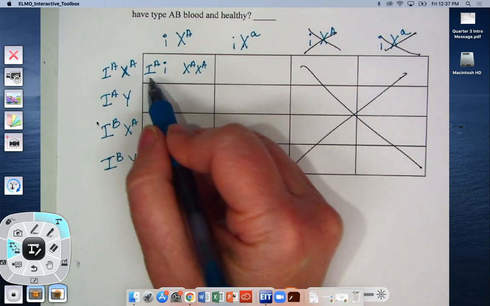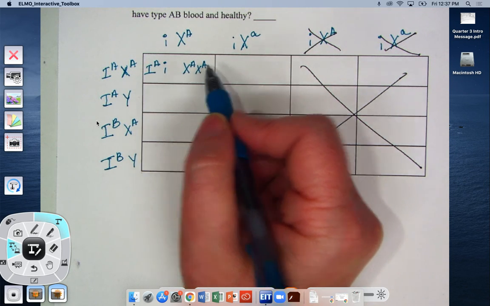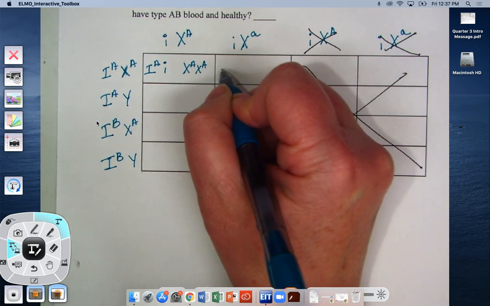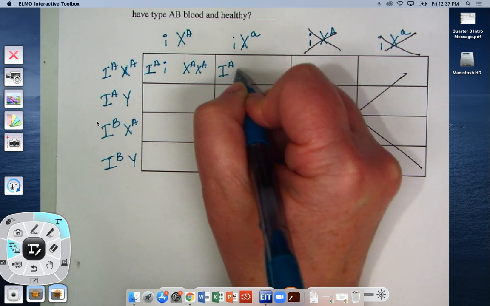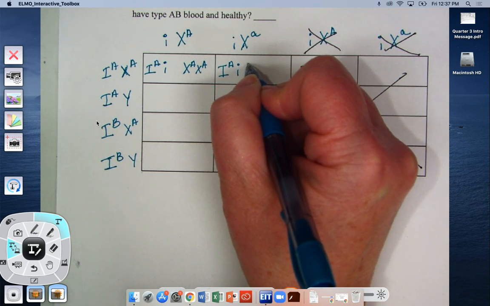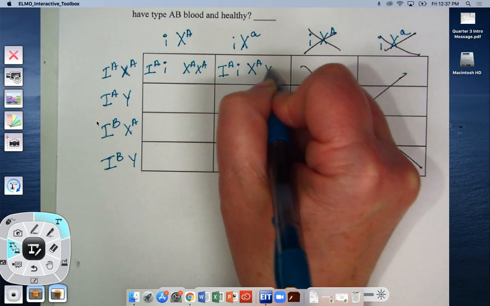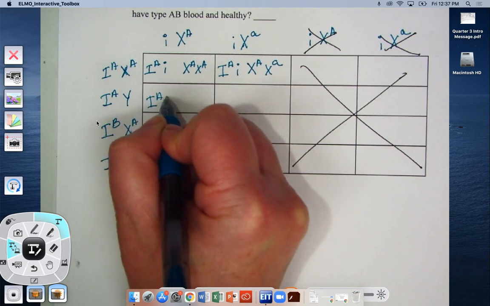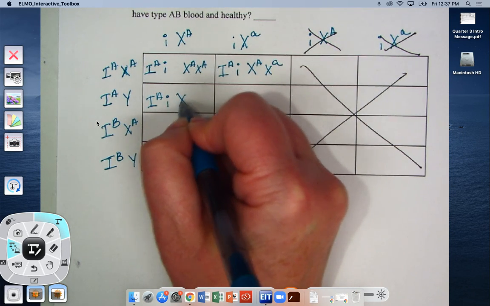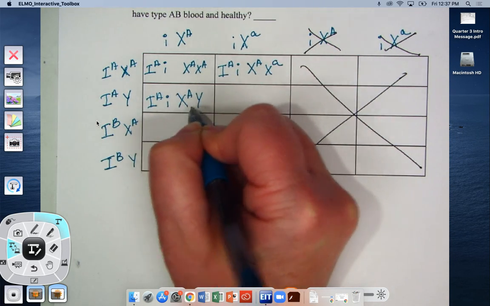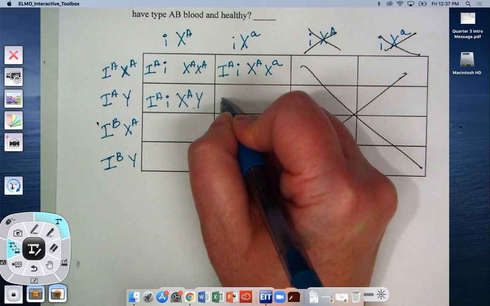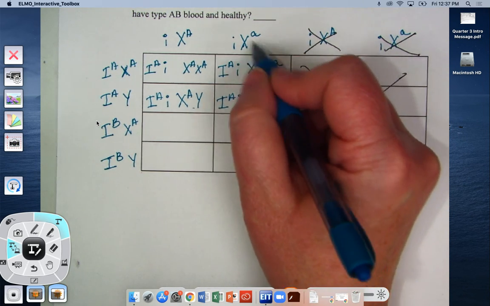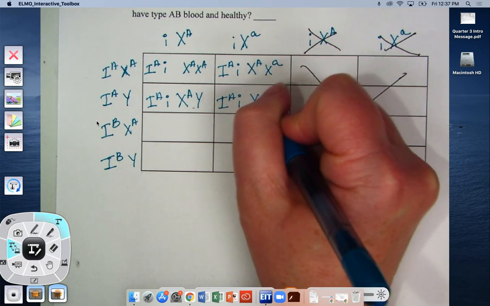So we have a girl with A blood, right? Not even a carrier. So that's what we're kind of filling out here. A boy with A blood. And a boy who has hemophilia.